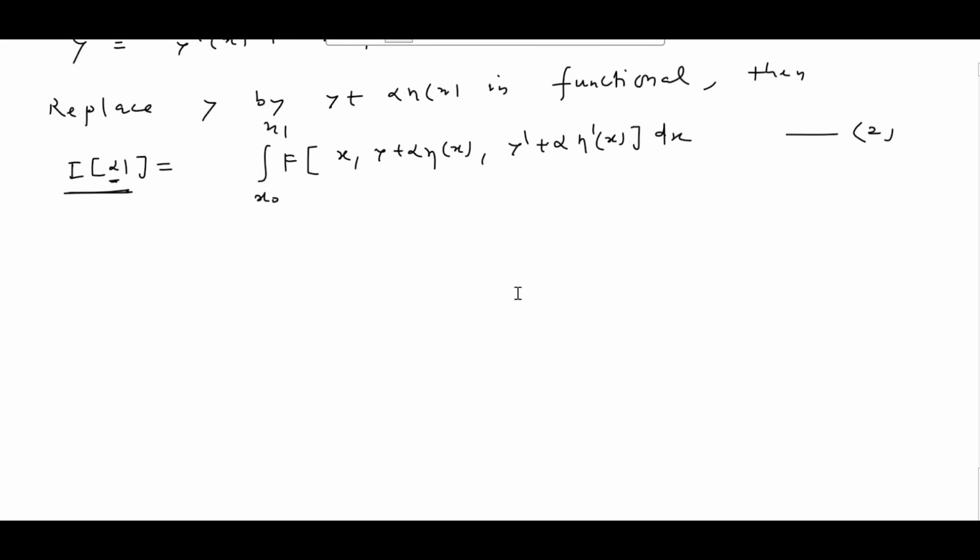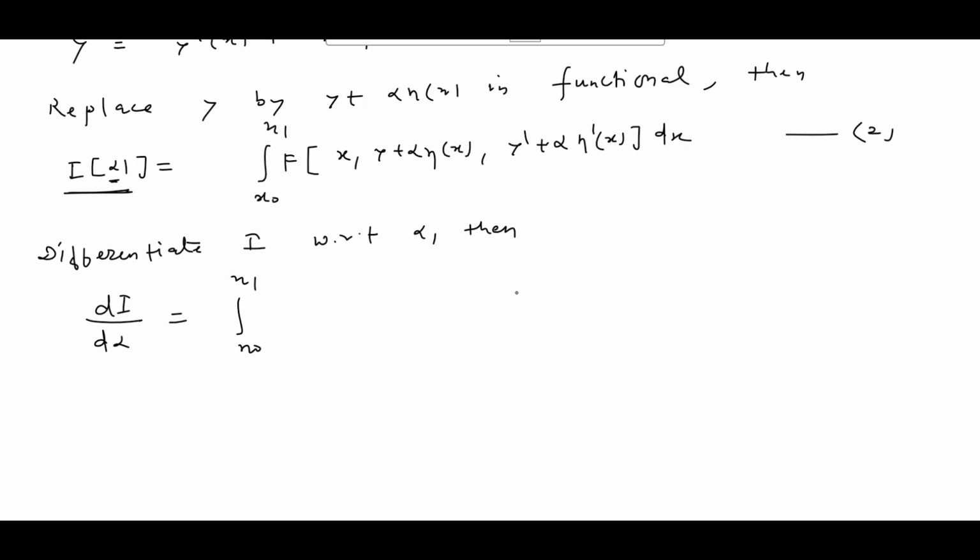So now further we need to differentiate I with respect to alpha. Then dI over d alpha is the integral from x0 to x1, because f is a function of x, y, y dash, where y and y dash depend on alpha through eta and eta dash.